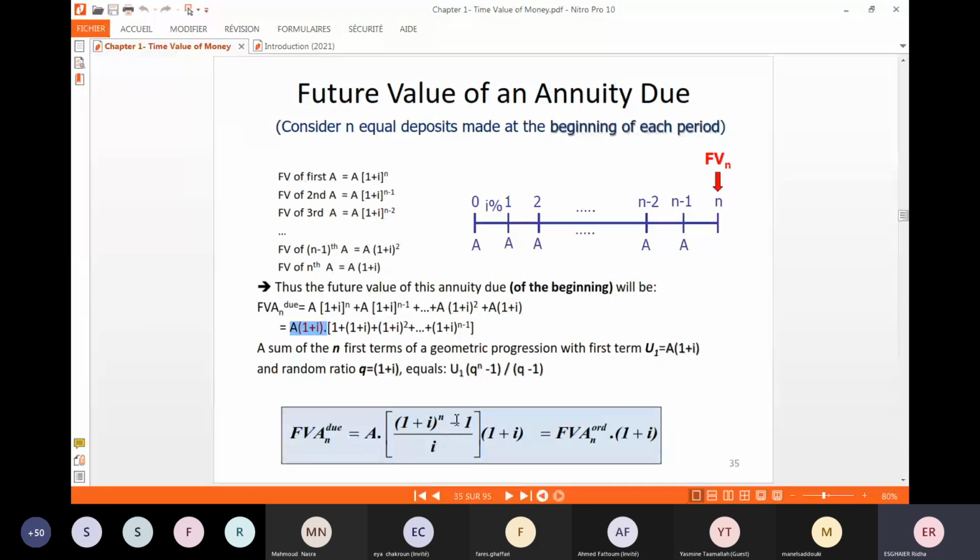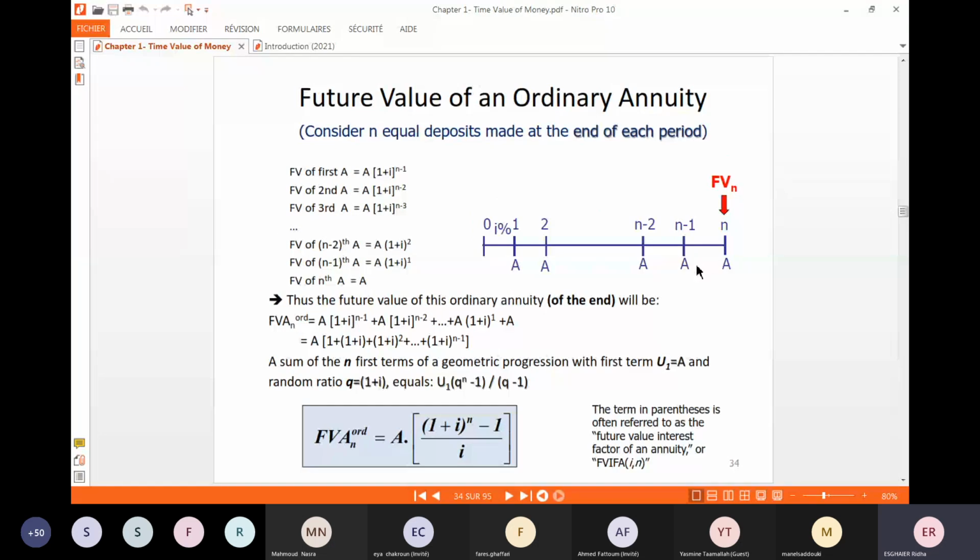Notice here that the future value of an annuity due is equal to the future value of an ordinary annuity, covered in the previous slide, times 1 plus I. So simply you have to memorize the previous formula only. When you have an annuity due, multiply it by 1 plus I. How to understand this 1 plus I? What is the source of this 1 plus I? In the previous example, the last A will not generate any interest.